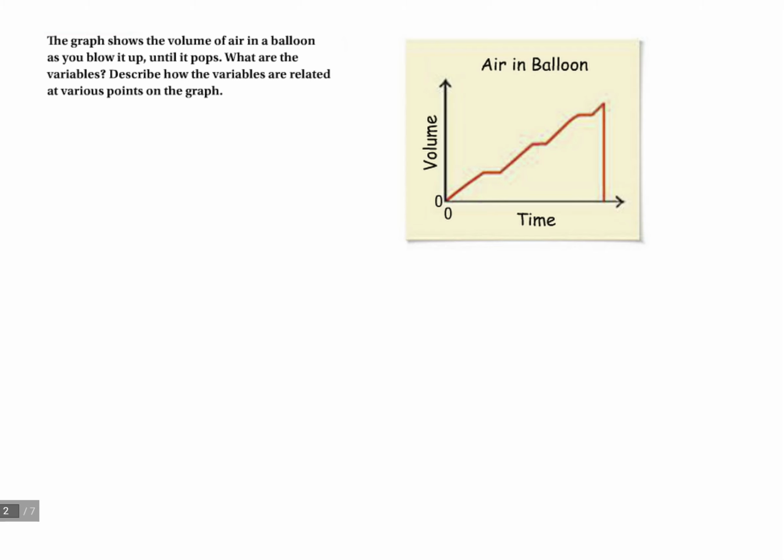So what are the variables here? Well, the variables, if you look at the graph, are going to be written on the axes. So the variables are going to be volume of the balloon and time.